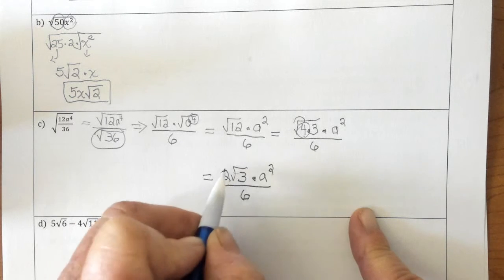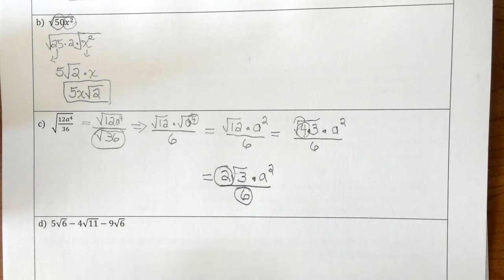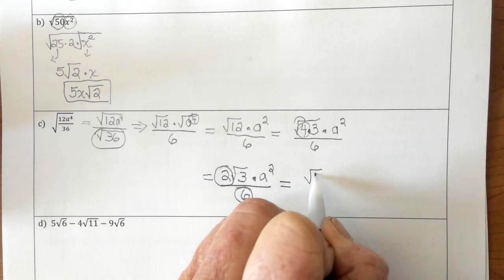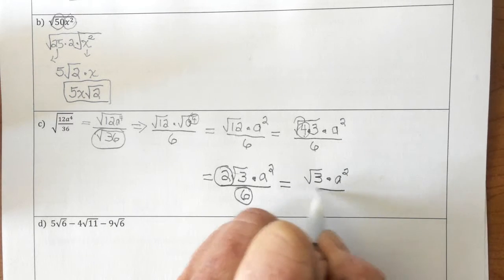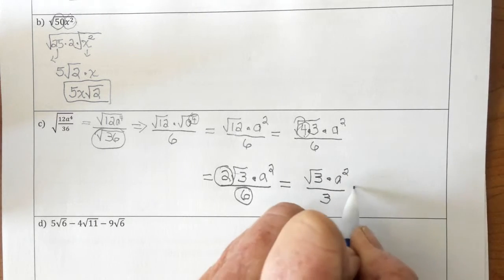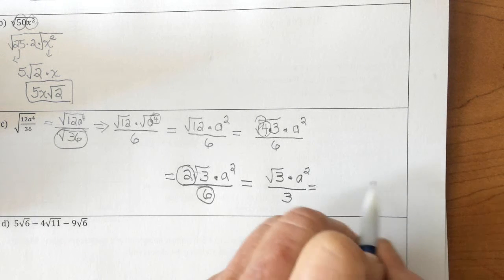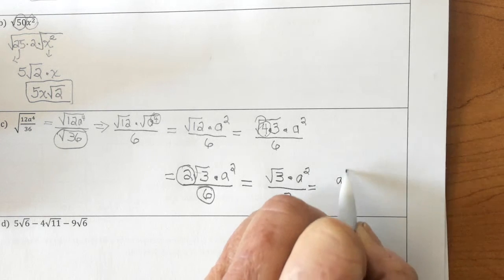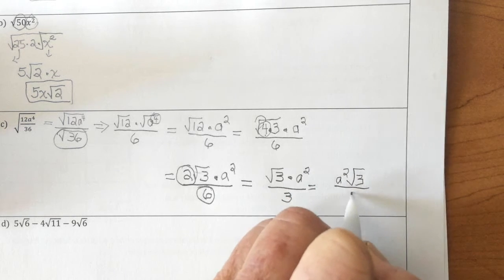I'm going to notice that I could simplify 2 and 6 to be 1/3, which leaves me with the square root of 3 times a squared all over 3, which now I can combine to make it look correct in terms of notation, and I'm going to go a squared square roots of 3 all over 3.